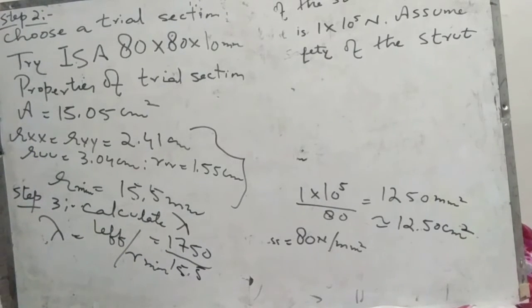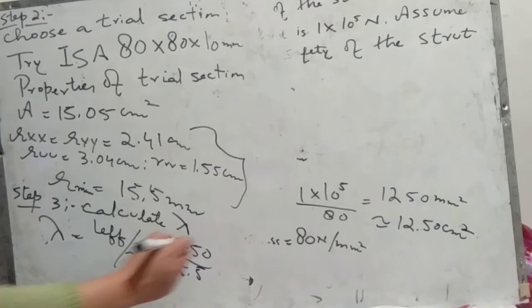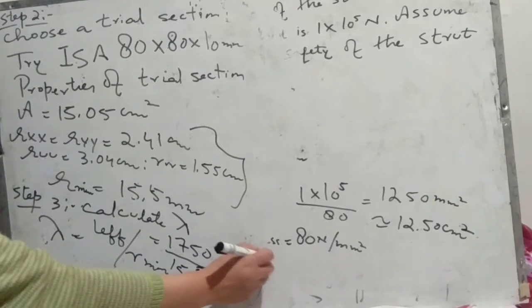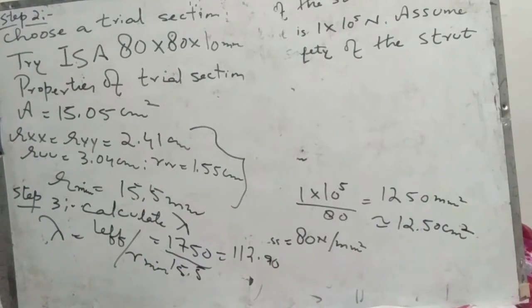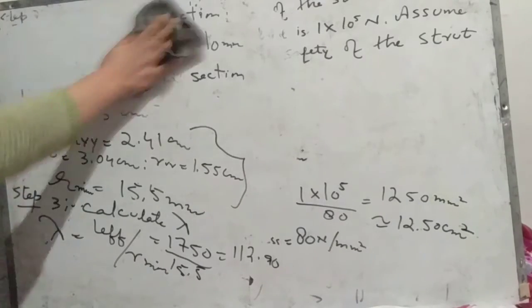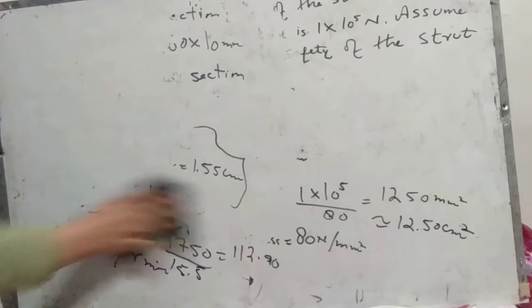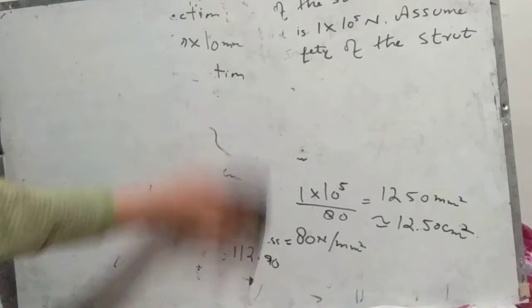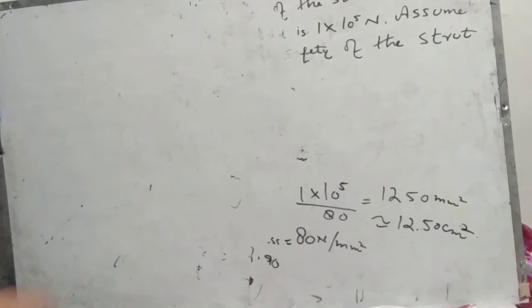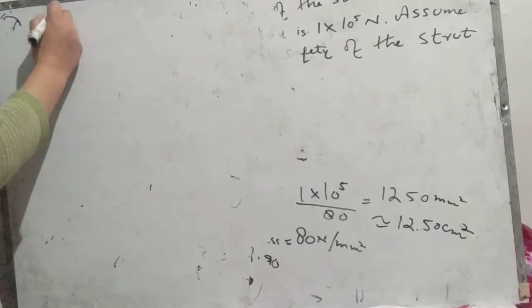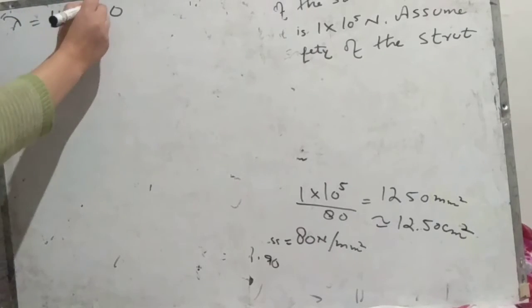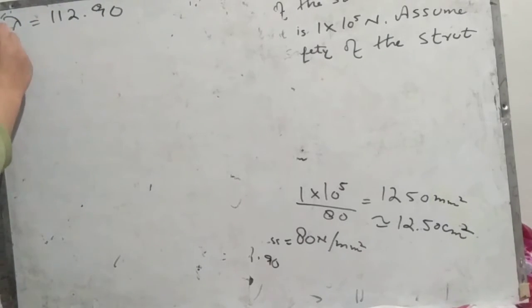On calculating you will get 112.90. Now you have got the value of lambda as 112.90. On the basis of this lambda you will have to determine the permissible compressive stress. But for determining the permissible compressive stress, you should know the grade of steel. Lambda is 112.90. The grade of steel is not given.